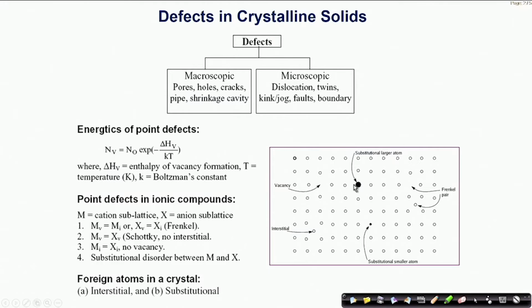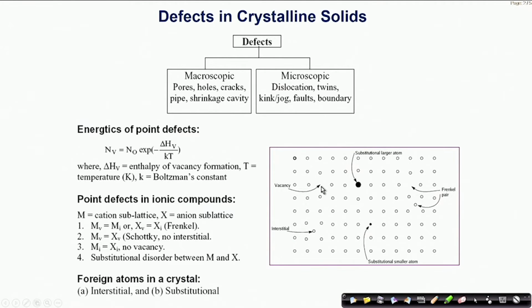For example, if any of the usual atoms, ions or molecules in a given three-dimensional periodic array is substituted by a bigger one, like the one you are seeing here, then you call it a substitutional atom or a substitutional ion. There's no necessity that the atomic radius of the substitutional atom always has to be bigger than the lattice atoms. It can be even smaller.